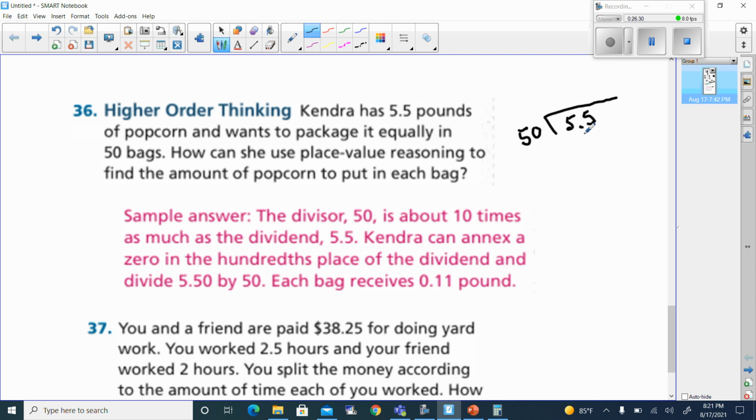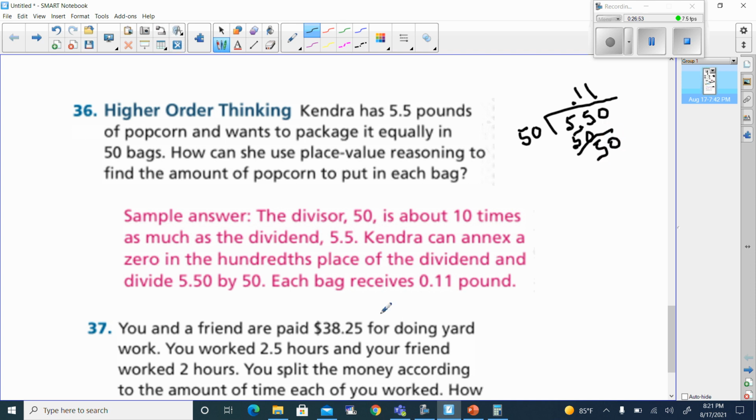And when they annex the 0, that means, let's see, that point's going to come here. So now we're going to put a 0 over here, and that means 50 will come here. Yes, that makes way more sense. And then that's going to make 50, which would make another one come over here.